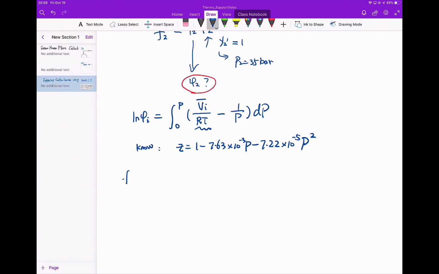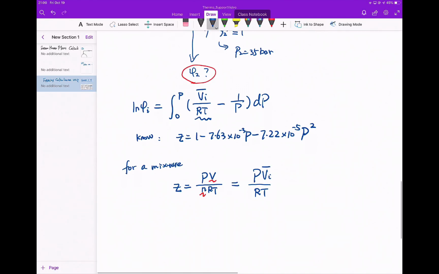So z for a mixture is defined as PV over NRT. Okay, this is V, this is N. That is P Vi partial over RT.